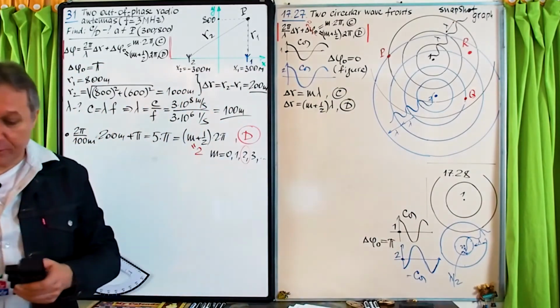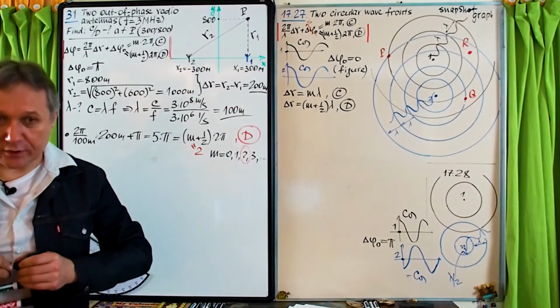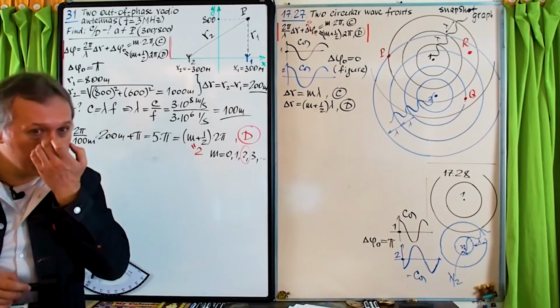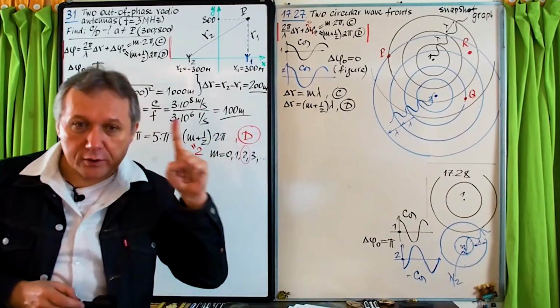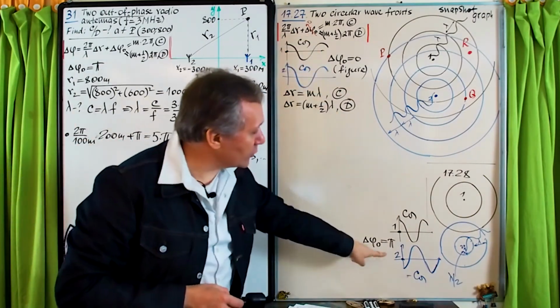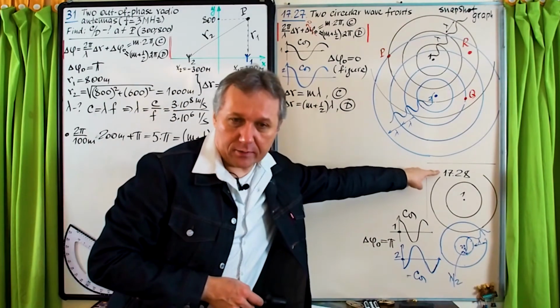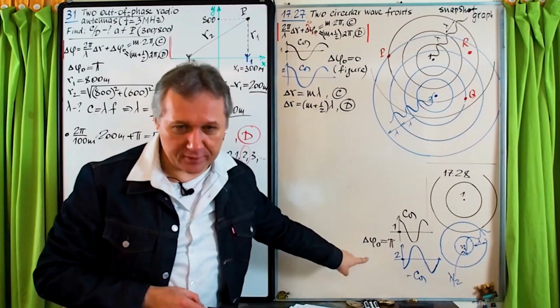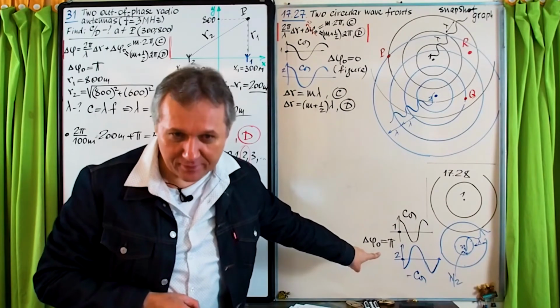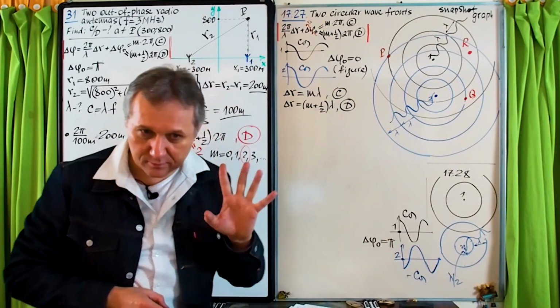For this particular case, of course, the condition is simpler. But again, it's only true when delta phi naught is 0. So you cannot write this condition for problem 28 because your inherent phase difference is not 0, it's pi, right?